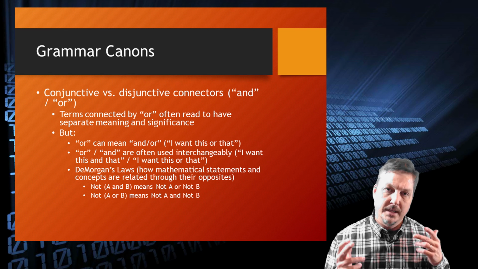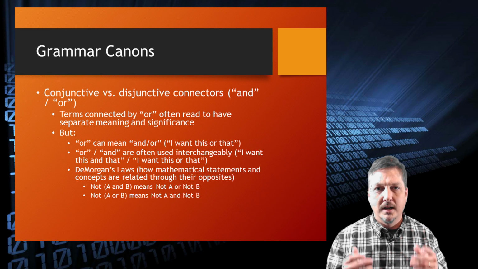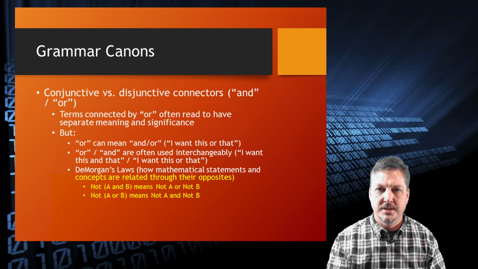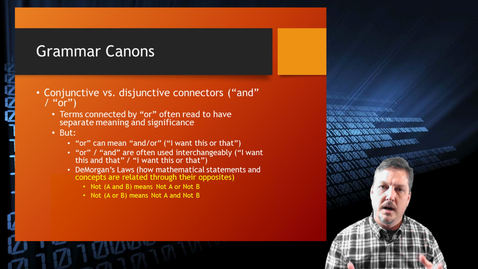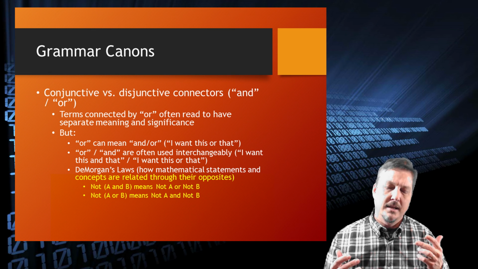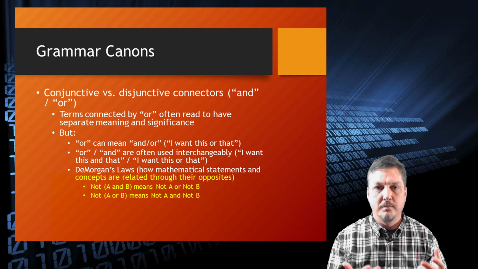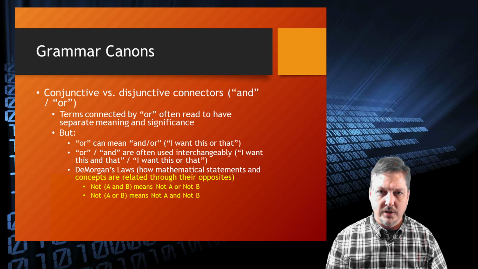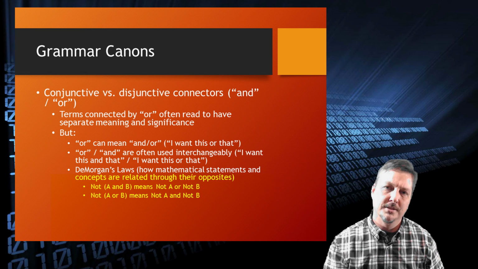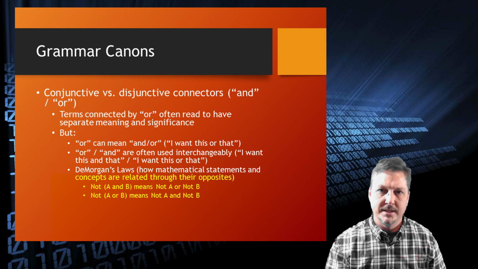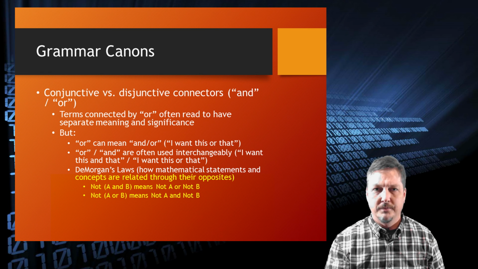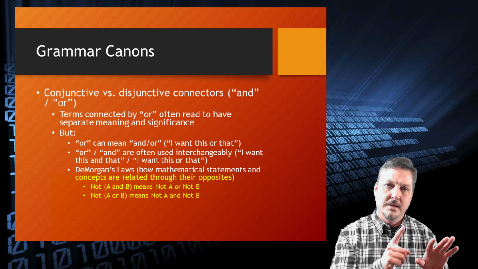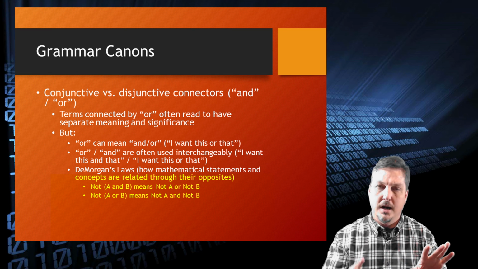Another thing to keep in mind here is De Morgan's laws, which are laws about how mathematical statements and concepts are related through their opposites. It's really a set of ways of thinking through mathematical set theory, which I frankly know really very little about, but I just know about it because of De Morgan's rules as they apply in statutes. So here's how this works. "Not A and B" can mean either "not A or not B."